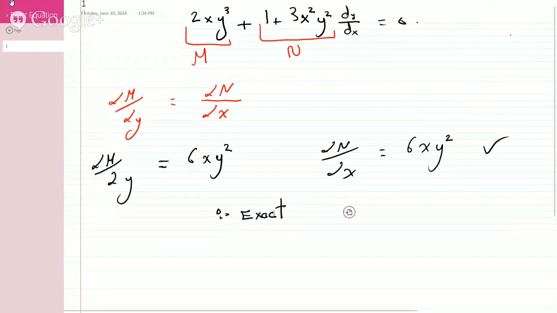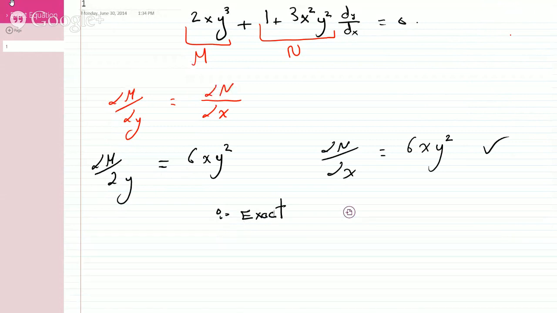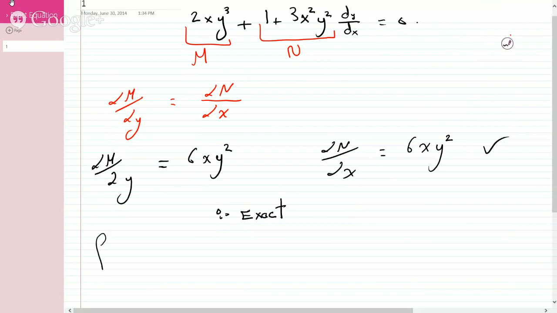That just means that there's some potential function whose gradient is the actual components of the differential equation. It's M and N. So what I'm saying is that the partial with respect to x is M.